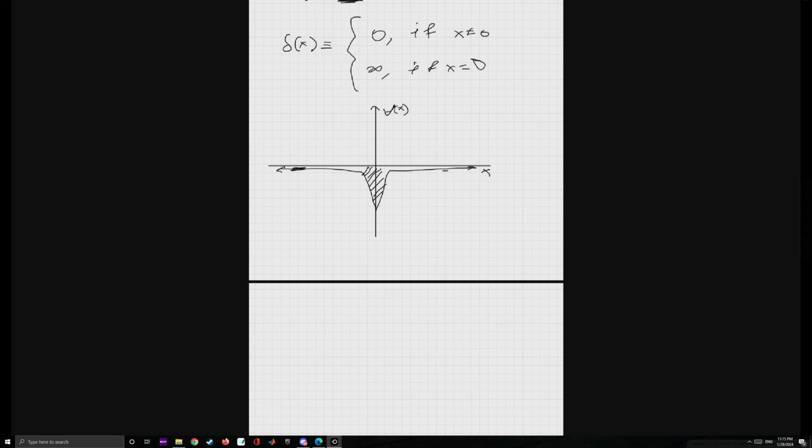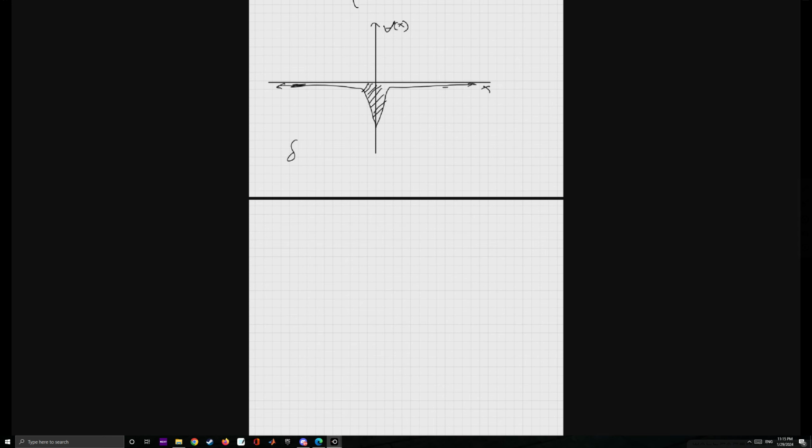Another point I want to make about the delta function is that it has this property: if we integrate, and the point that makes the argument of the delta function 0 is within the limits of the integral, it just equals 1.